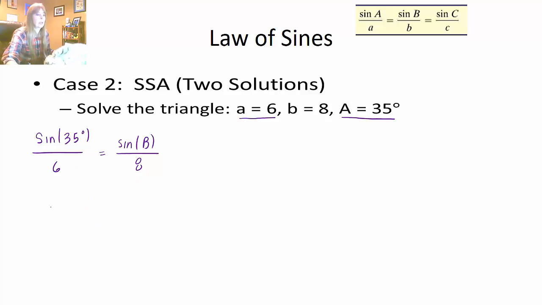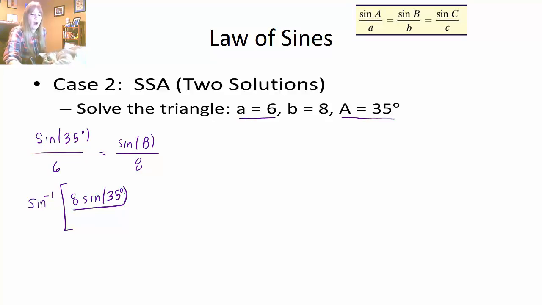I'll end up with, if he'll leave my hand alone, stop it! I'll end up with sine inverse of 8 times sine of 35 degrees, he has a hold, let go of my hand, over 6.